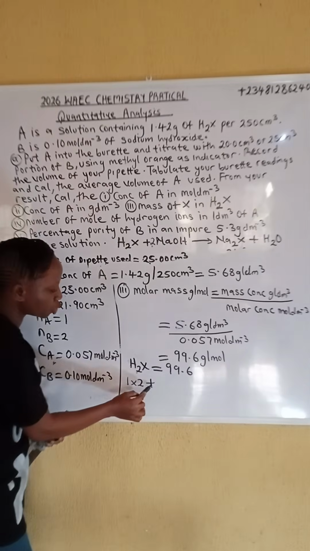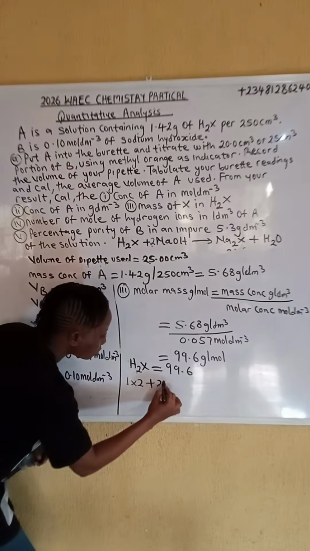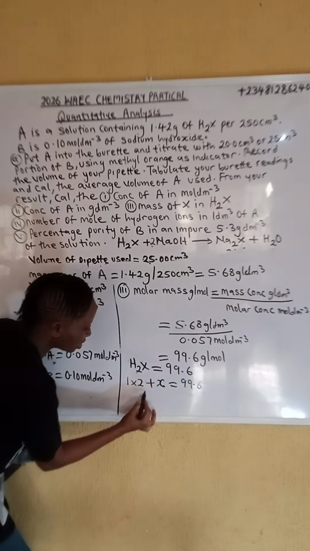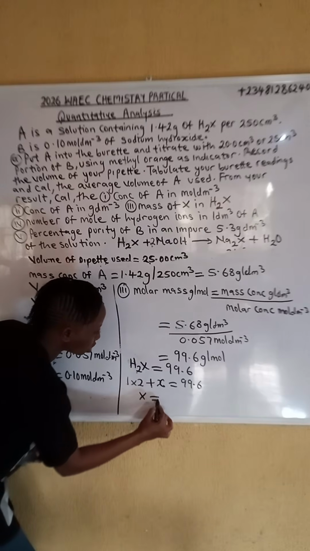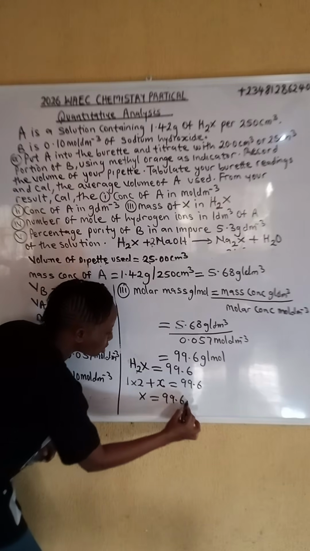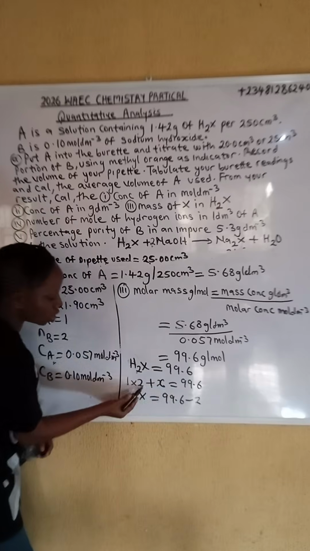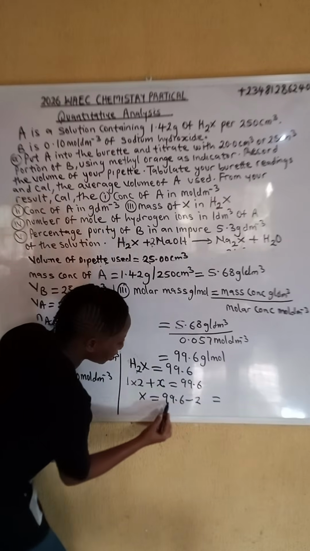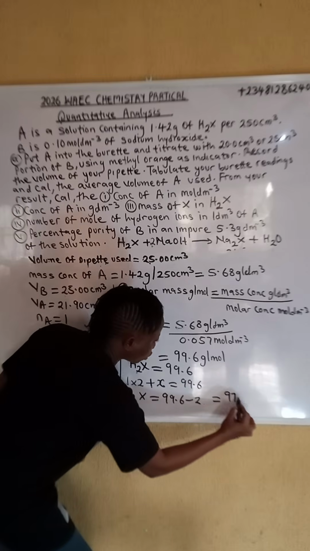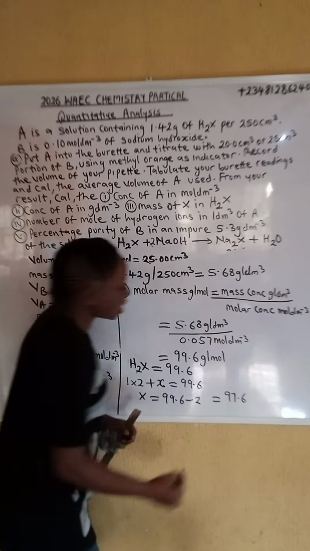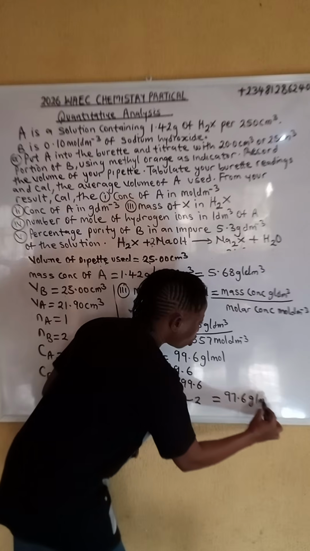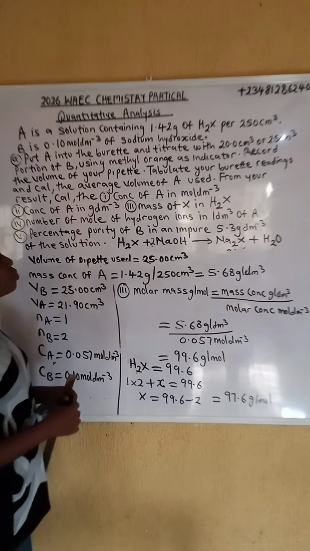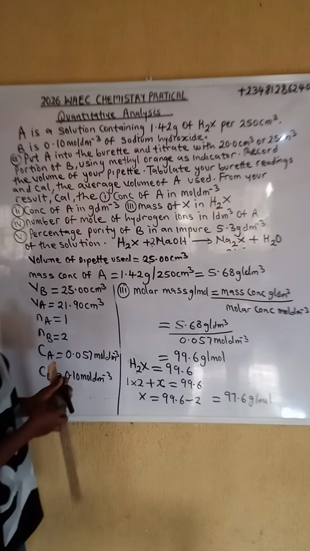That will be 1 times 2 plus X equal to 99.6. Then you make X the subject of the formula. X equals 99.6 minus 2, since 1 times 2 gives you 2. So that is 97.6 gram per mole. 97.6 gram per mole.